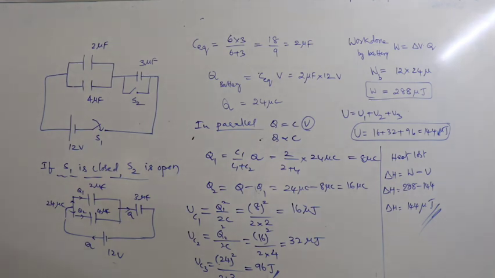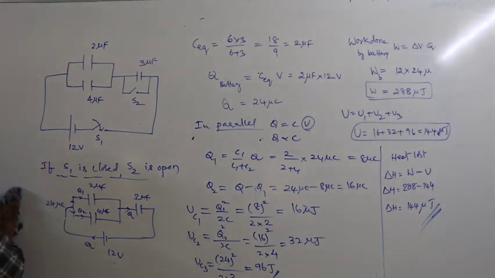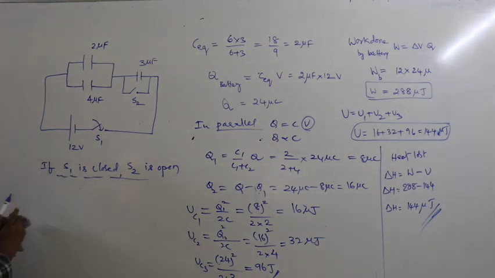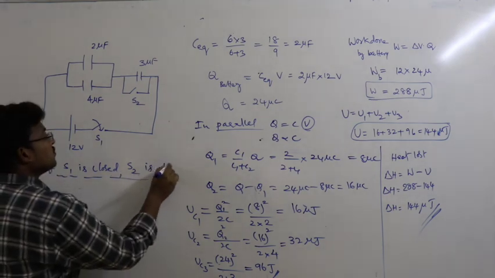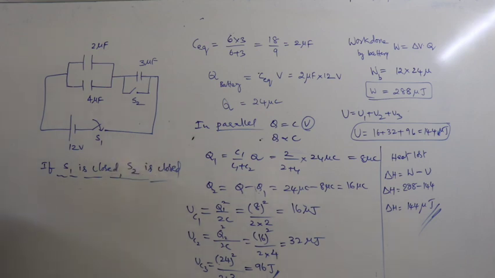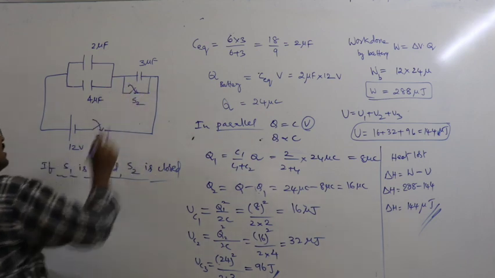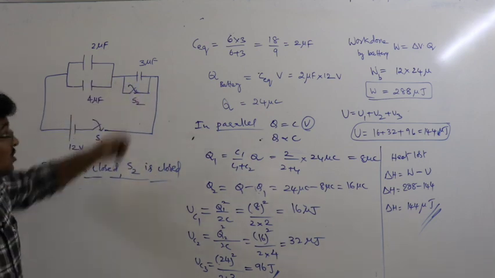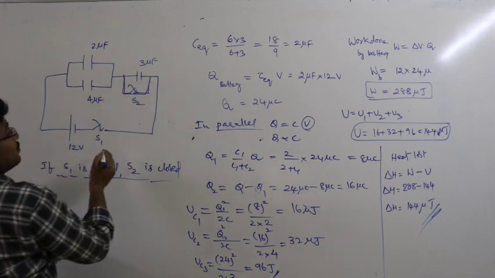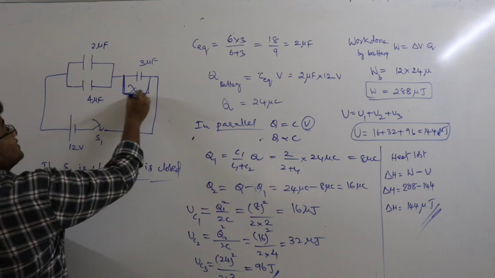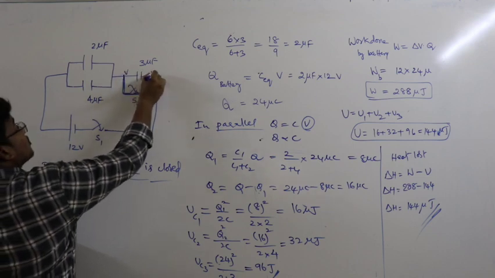Understood? Now if you say, sir, switch 1 is closed and switch 2 is also closed, when it is closed, simply a wire will form. This wire is a conductor, so the potential is the same.